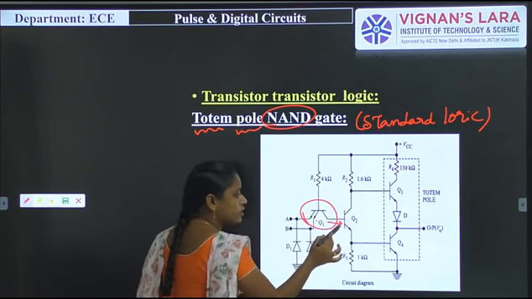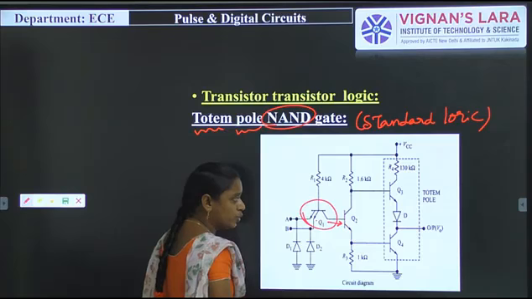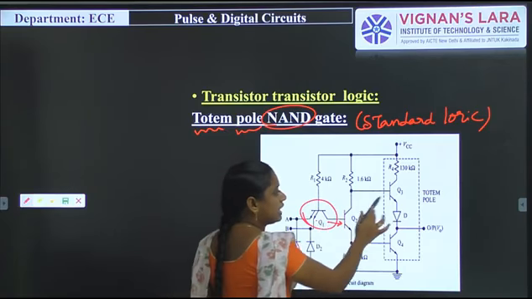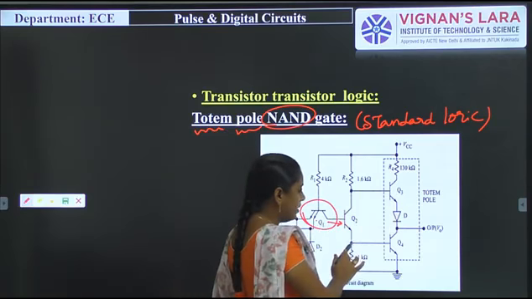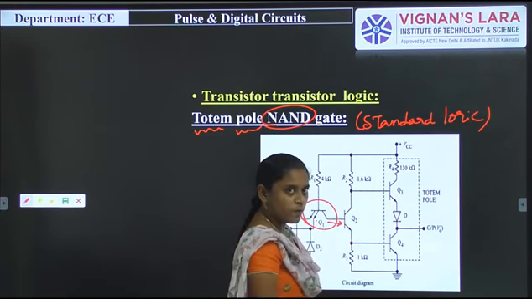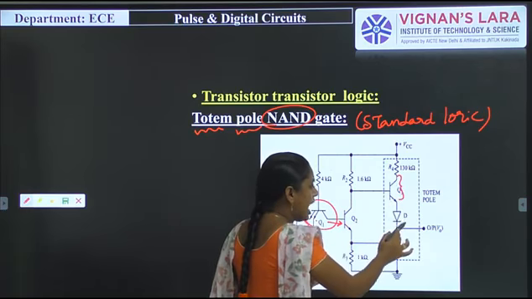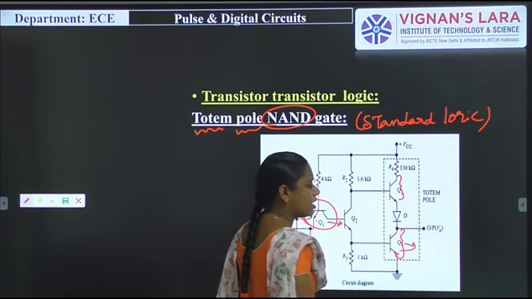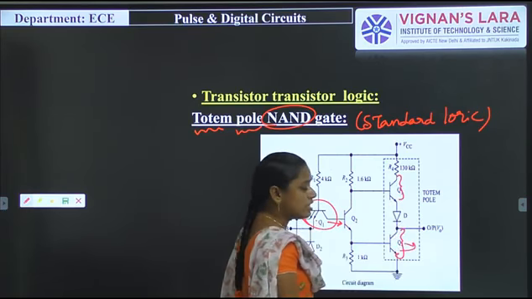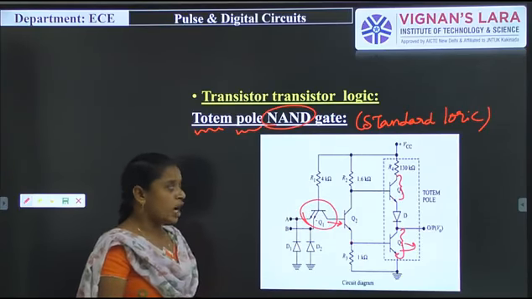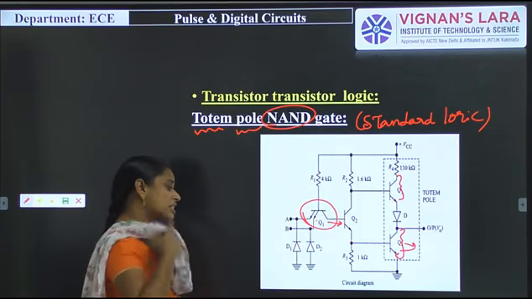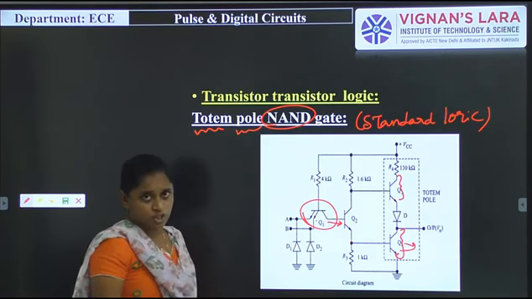The output of this is given to the transistor Q2, and the Q2 collector terminal is connected to Q3, and the Q2 emitter terminal is connected to Q4. Here Q3 and Q4 are such that if one transistor is in the on condition, the other is in the off condition. That's why this connection is known as the totem pole connection.